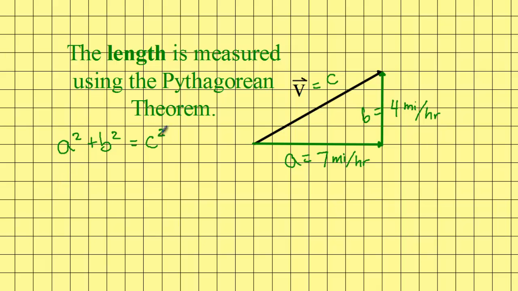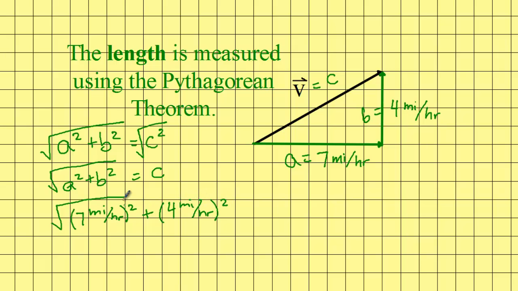So if we're trying to find c, we need to take the square root of everything. So now we have the square root of a squared plus b squared equals c. And now we can plug in numbers. So the square root of 7 miles per hour squared plus 4 miles per hour squared, by the way, that's all under a square root, equals c. So what is 7 squared?